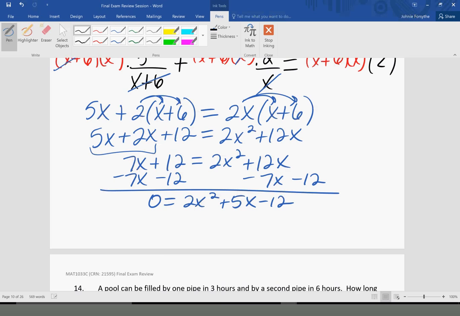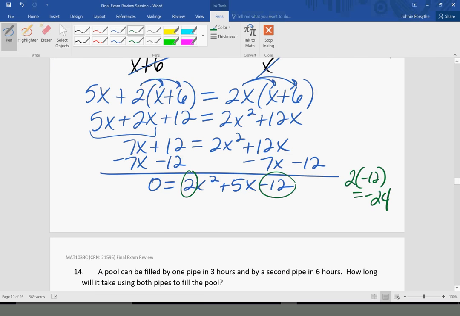Okay, so let's see here. I use a few methods. So I'm going to use the AC method and see if that makes sense for you guys. So I'm going to take 2 times negative 12, which is negative 24. And I want to think of 2 numbers that multiply to give me negative 24 and add to give me 5x.